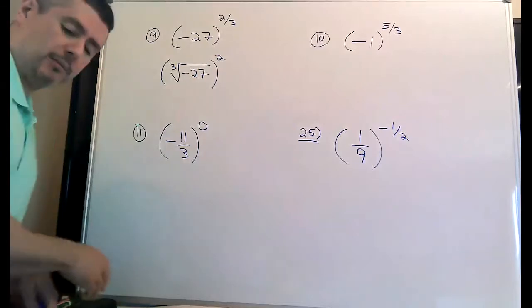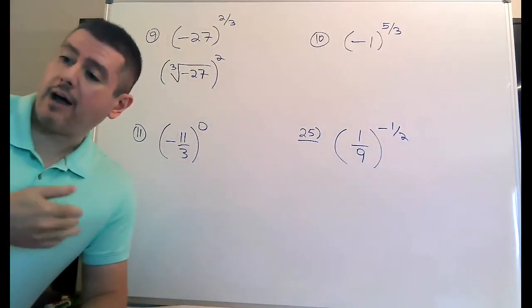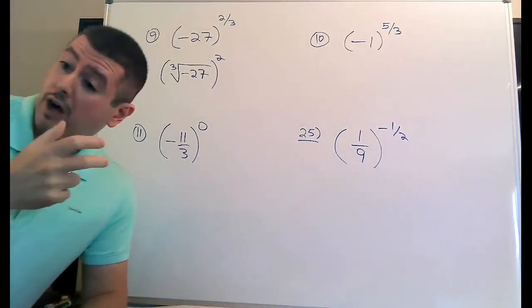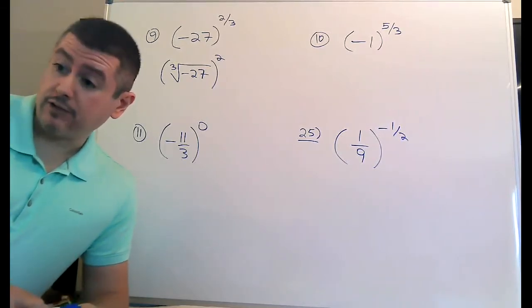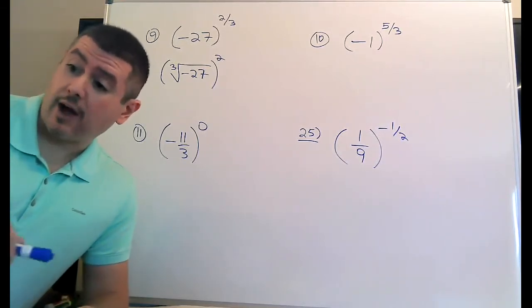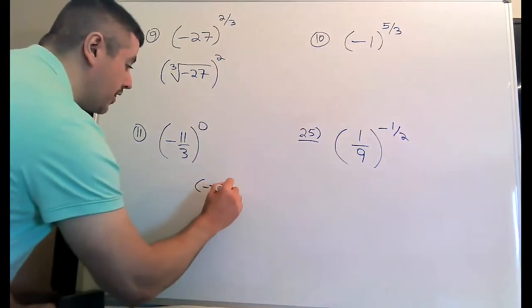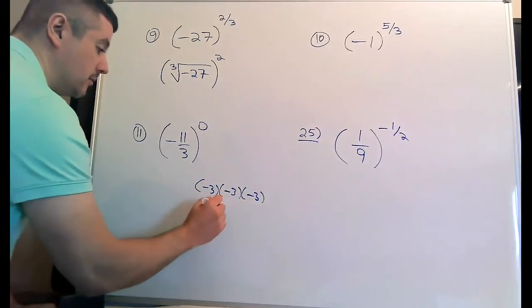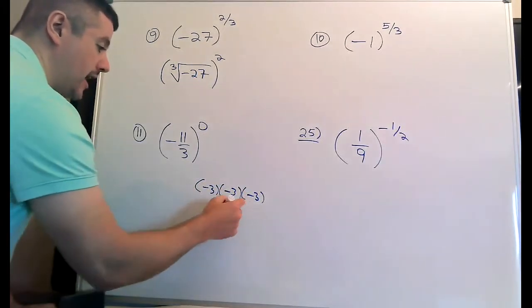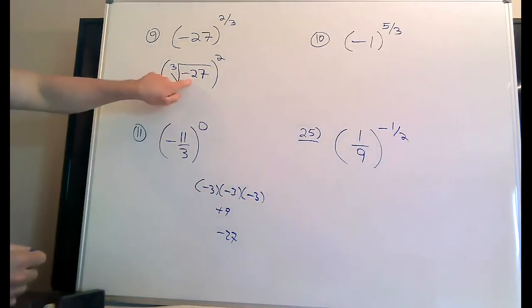So you can't do something times itself and make a negative. But here you have an odd power, right? Cube root means 3 times. If you did negative 3 times negative 3, positive 9. But then if you multiply that times negative 3 again, you get negative 27. So this works.